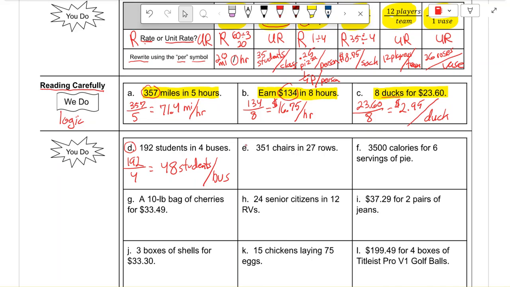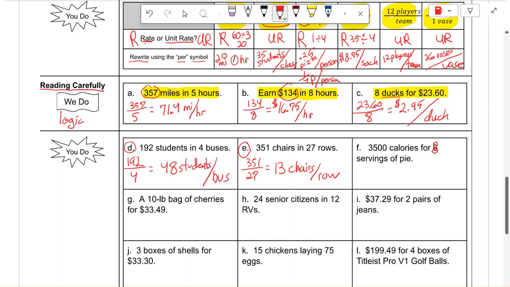Go ahead and pause the video and try E now. All right, hopefully you decided to put the chairs on top for 27 rows because you would want to know how many chairs are in each row. And then finally, before you do F, I would like you to change this 6 into the number 8.